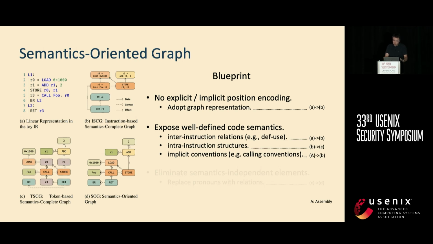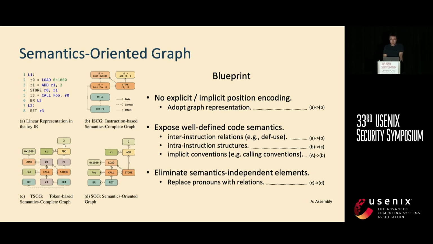And further, to reveal the intra-instruction structures, we split instructions into tokens and interpret the intra-instruction structure as another kind of def-use relations. And this forms the graph shown in figure C. And finally, since the choice of exact registers is independent of semantics, we eliminate them and only keep the data flow.